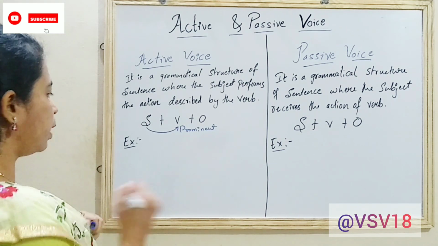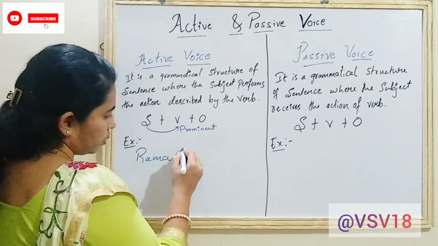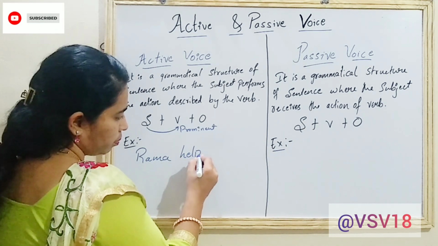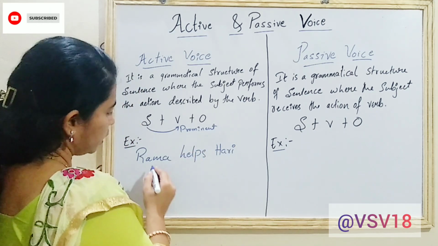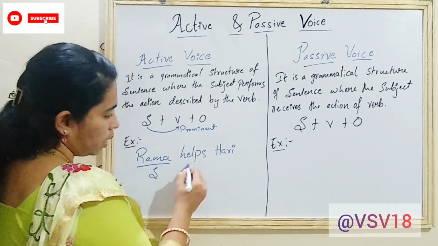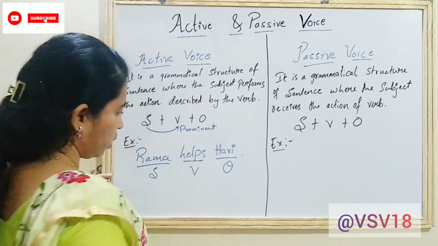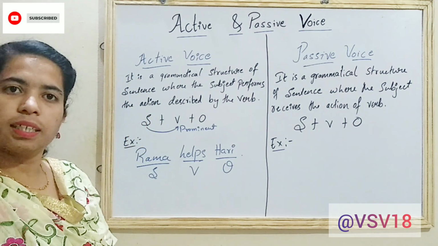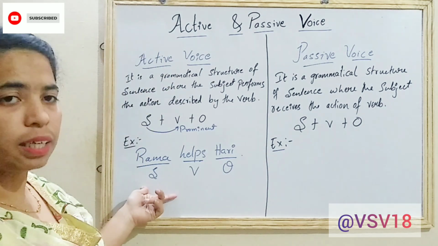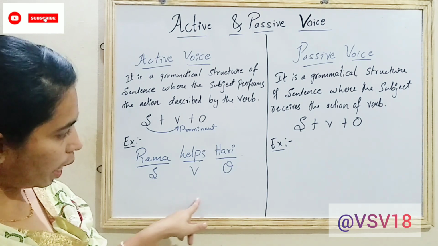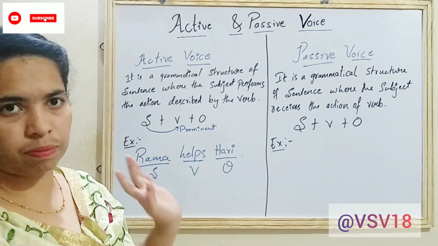For example, Rama helps Hari. Here Rama is the subject, helps is the verb, and Hari is the object. This is the simple active voice statement where the subject is clearly acting on the object. Rama helps Hari.